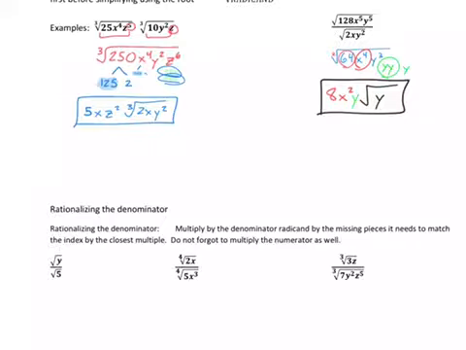Rationalizing the denominator. This is when division can't simplify everything down to one root. So we're going to want to multiply the denominator radicand by its missing pieces. It needs to match the index to the closest multiple. And then we also have to do it to the numerator.